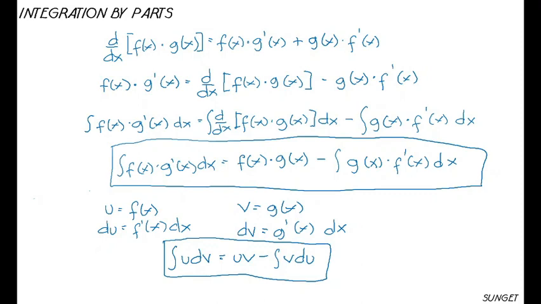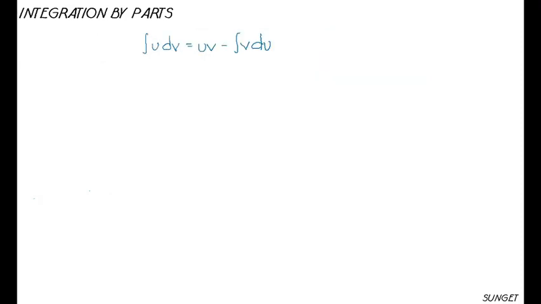So our aim in using integration by parts is to obtain a simpler integral than the one we started with. When using this formula, the given integral is separated into two parts, u and dv.